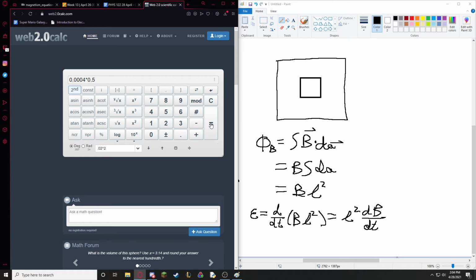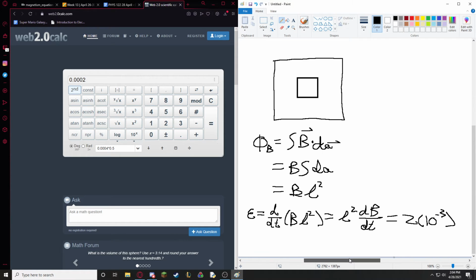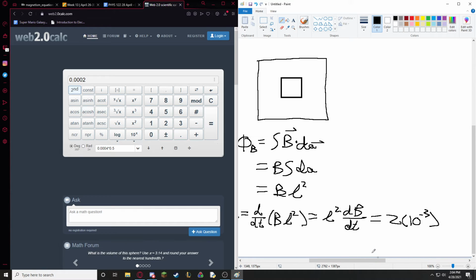We're just going to worry about magnitude, we're not going to worry about direction. So we get an induced EMF of 2 times 10 to the negative 3. And what's the units for EMF?